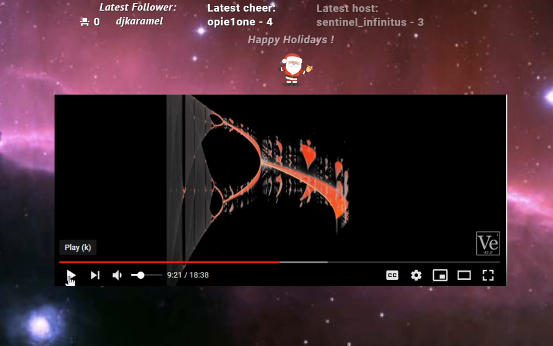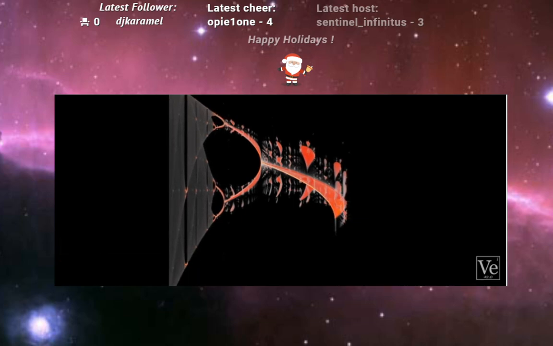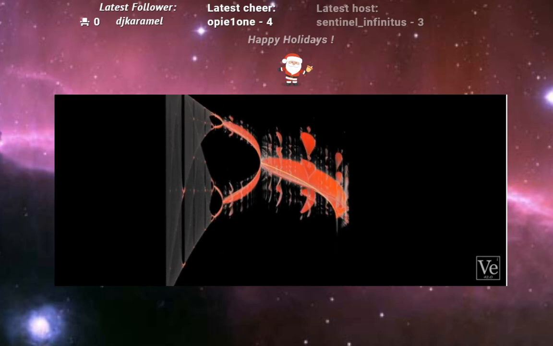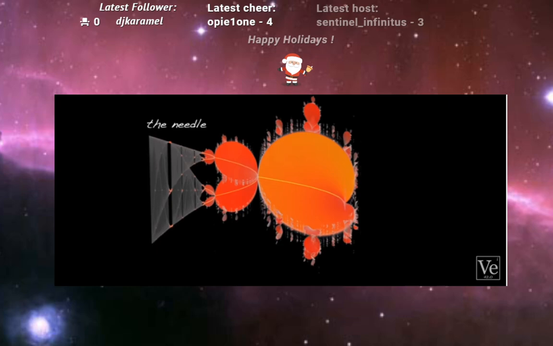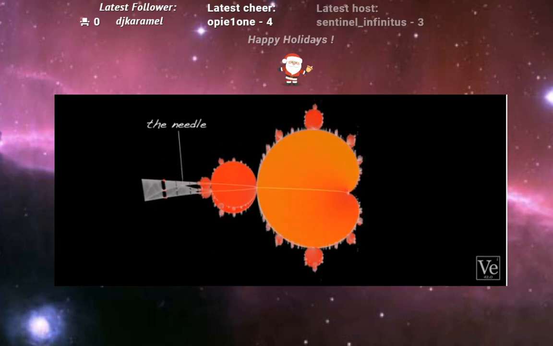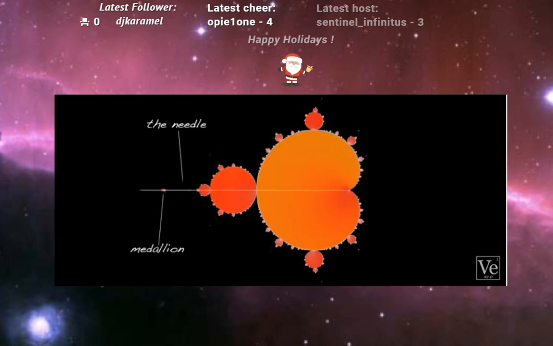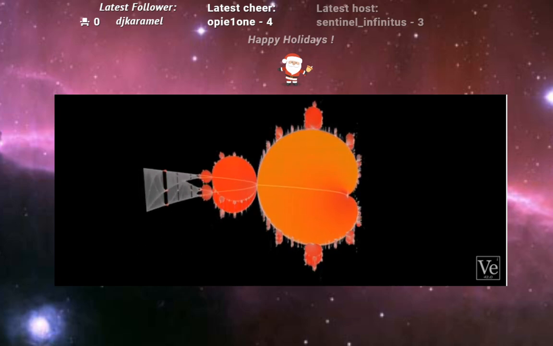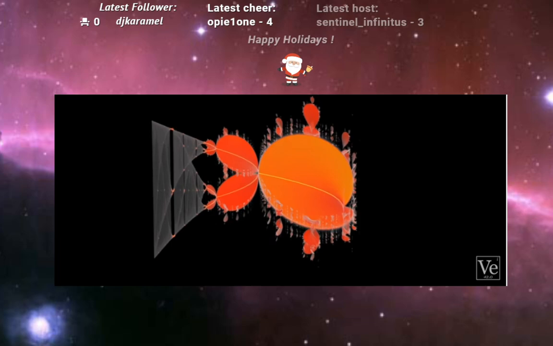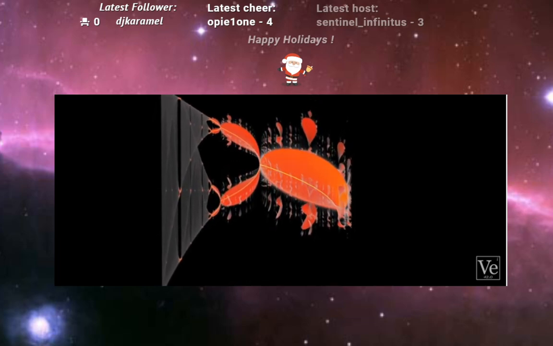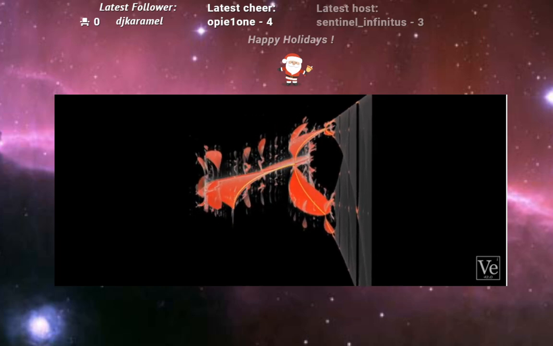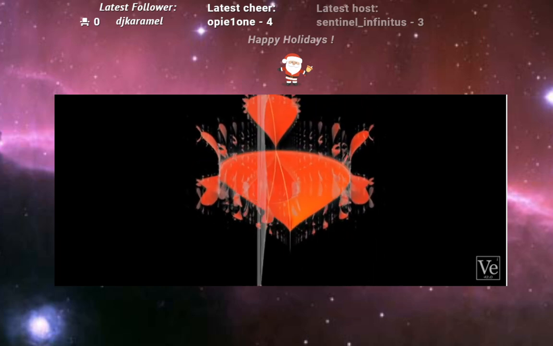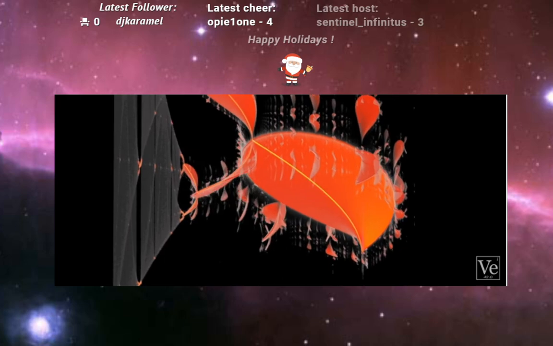The chaotic part of the bifurcation diagram happens out here on what's called the needle of the Mandelbrot set, where the Mandelbrot set gets really thin. And you can see this medallion here that looks like a smaller version of the entire Mandelbrot set. Well, that corresponds to the window of stability in the bifurcation plot with a period of 3. Now, the bifurcation diagram only exists on the real line because we only put real numbers into our equation.